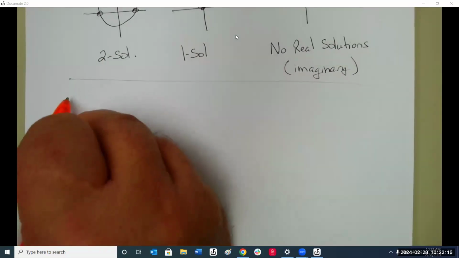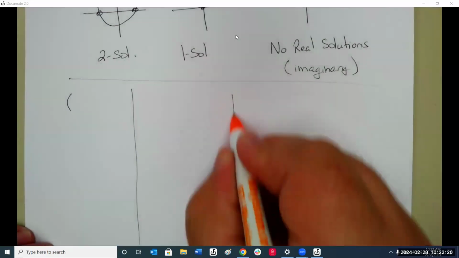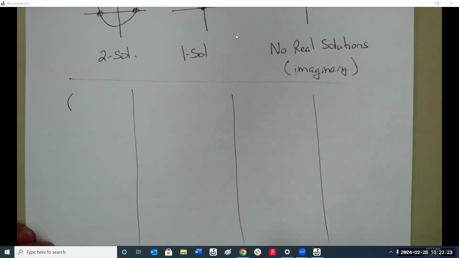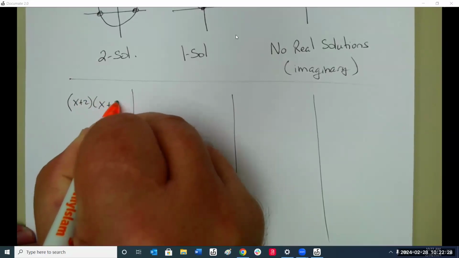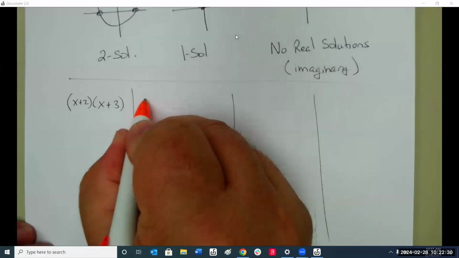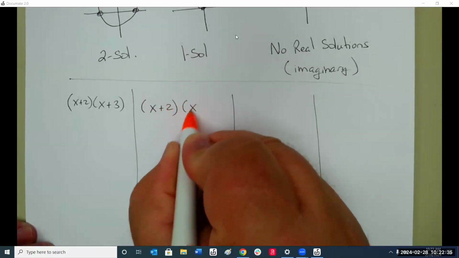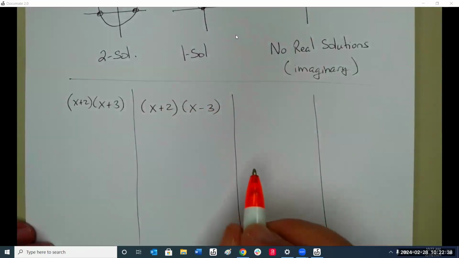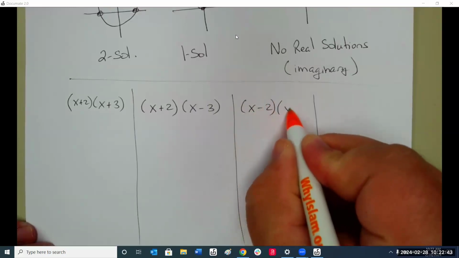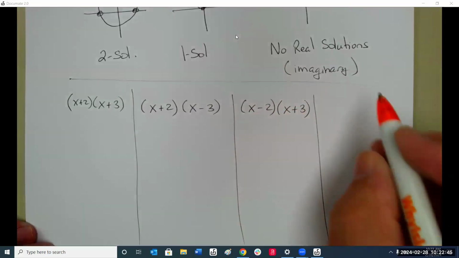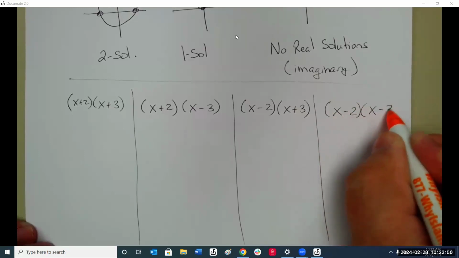So let's look at this. Hopefully by now, I'm going to give you 4 pairs of numbers. x plus 2 times x plus 3. x plus 2 times x minus 3. x minus 2 times x plus 3. x minus 2 times x minus 3.